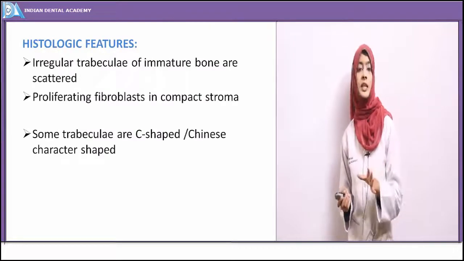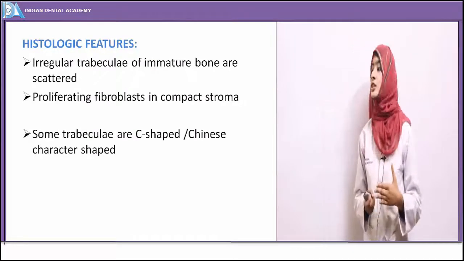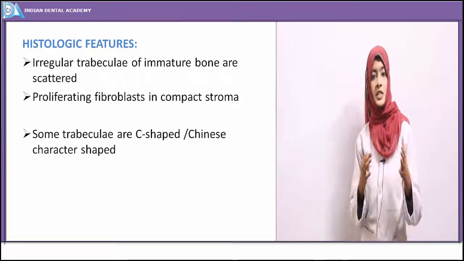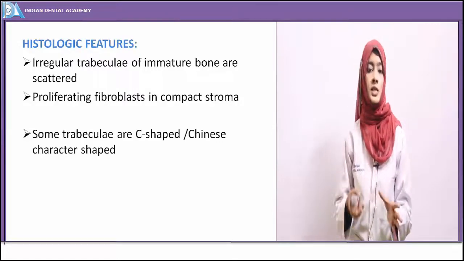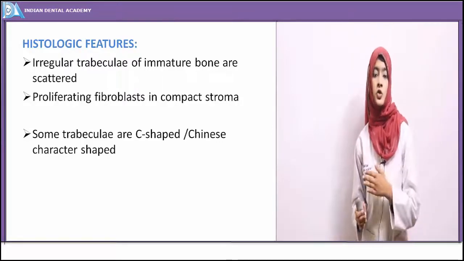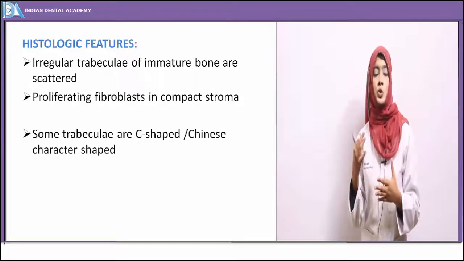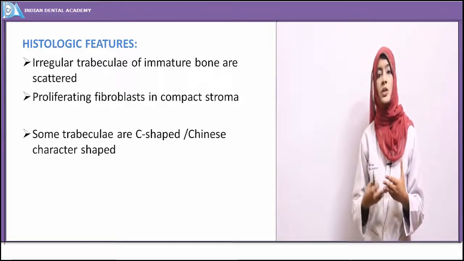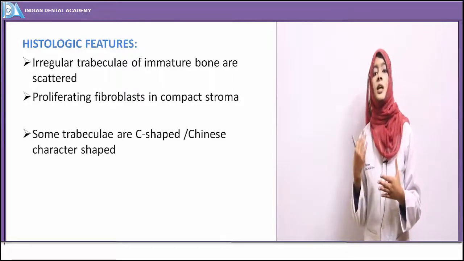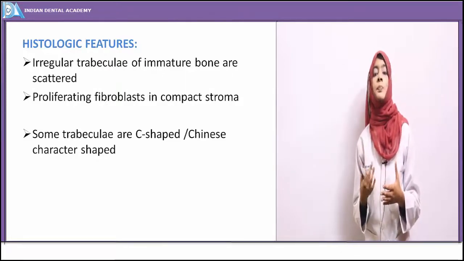Now the histological features. Irregular proliferating fibroblasts are the characteristic feature. The whole stroma, all of the connective tissue, becomes fibrillar in nature with fibroblasts. Collagen fibers may be seen.